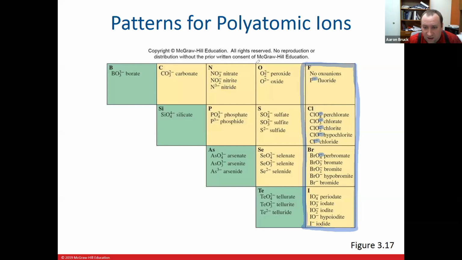Almost all of the oxygen group ions, whether they're monatomic or polyatomic, are -2 in charge.